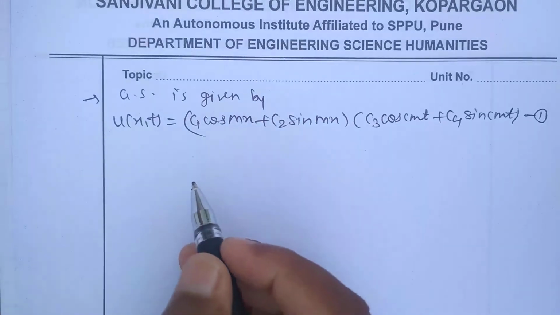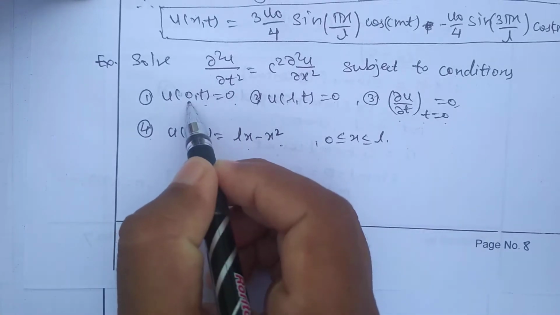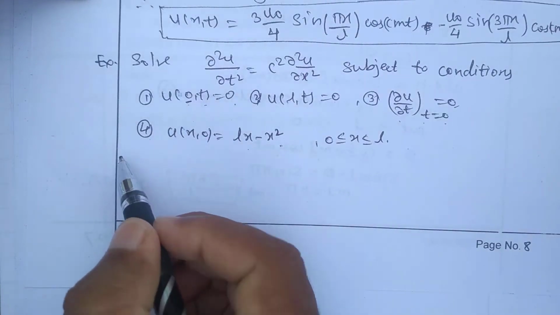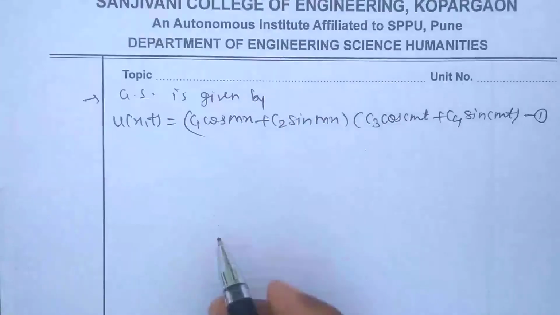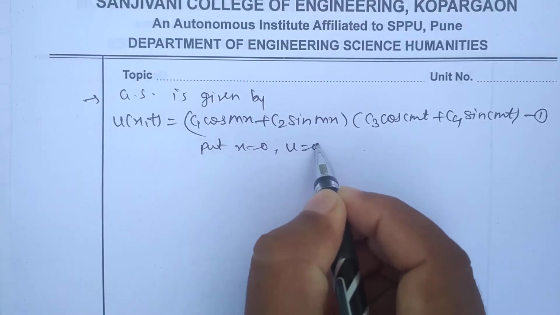By using the first condition, u(0,t) = 0, that means when x is 0, the value of u is 0. So put x = 0, so u is 0.